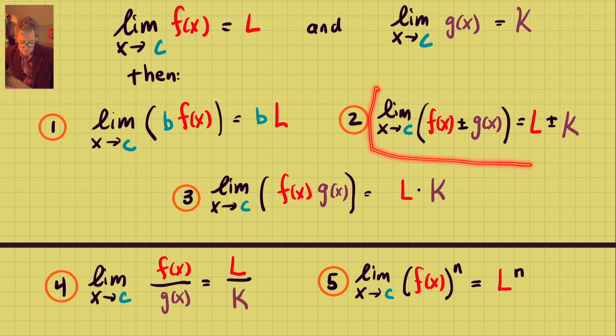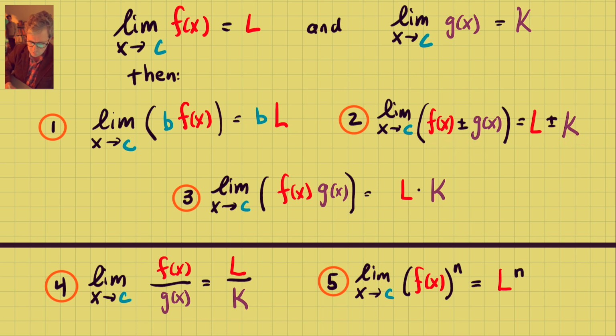Item 2 says that the limit as x approaches c of f of x plus or minus g of x is just equal to L plus or minus k. So the limit of the sum is equal to the sum of the limits.